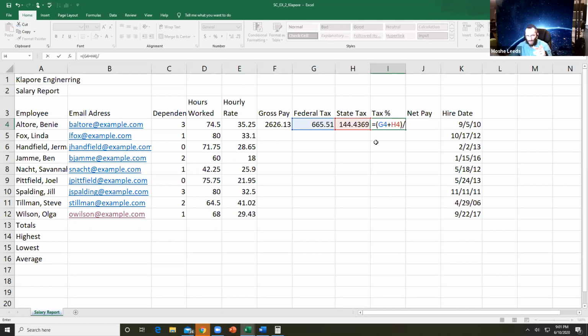So then I divide, okay? Divide is the forward slant, divided by my gross pay. Now when I press enter, boom, that is my tax bracket of how much I'm paying in taxes.